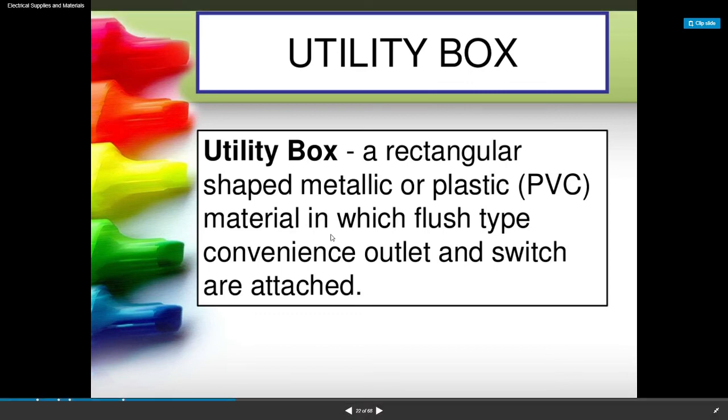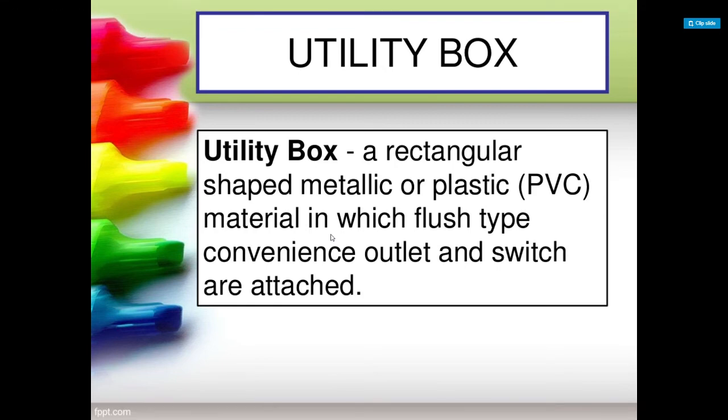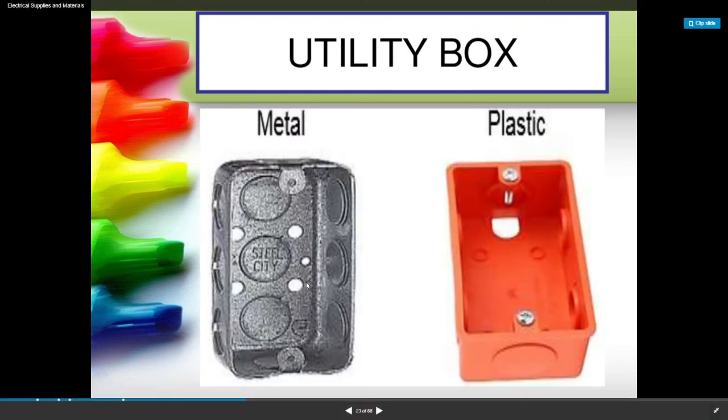Okay? So a rectangular shape, metallic or plastic material in which flush type convenience outlet and switch are attached. So this is where your flush type convenience outlet and switch are attached. Okay, the utility box. So how does a utility box look like? Okay, this is how it looks like. Usually the color is orange if this is a plastic.